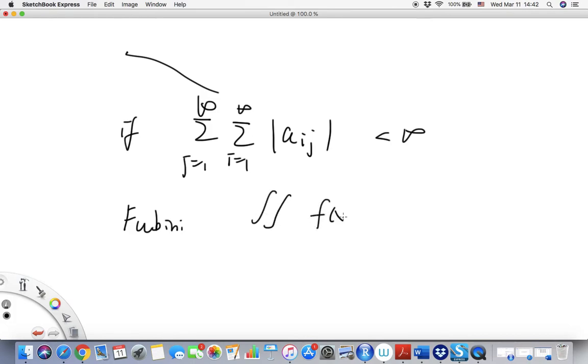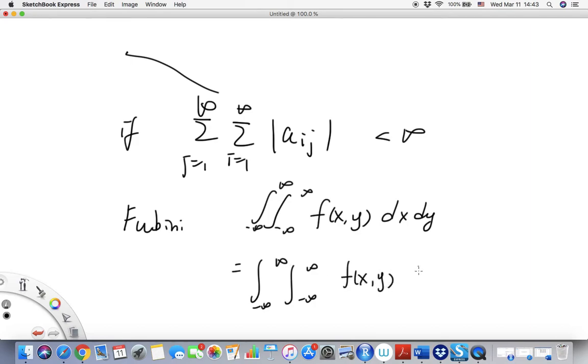It says in some cases you can switch the order of integration. So when can you switch the order of integration? You can do that if this is well defined. You can think of it as a discrete version of Fubini's theorem, because there is no essential difference between summation and integration.